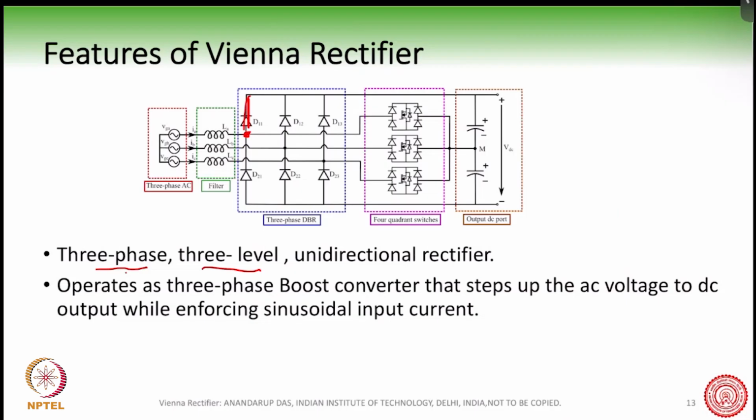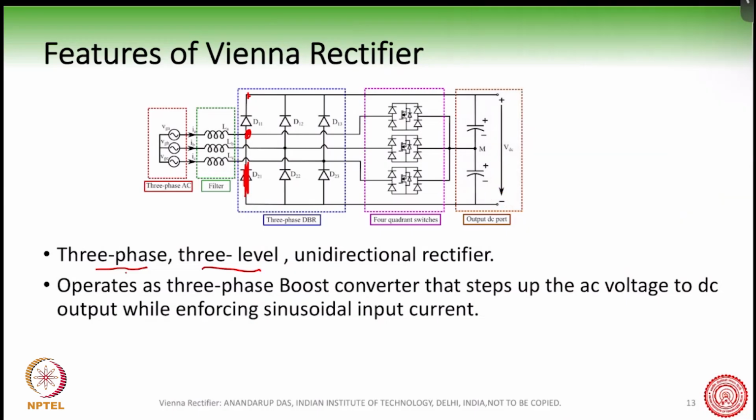When you turn on this diode, then you get this plus voltage at this point. Similarly, when you turn on this diode, you get the minus voltage at this pole of the converter.